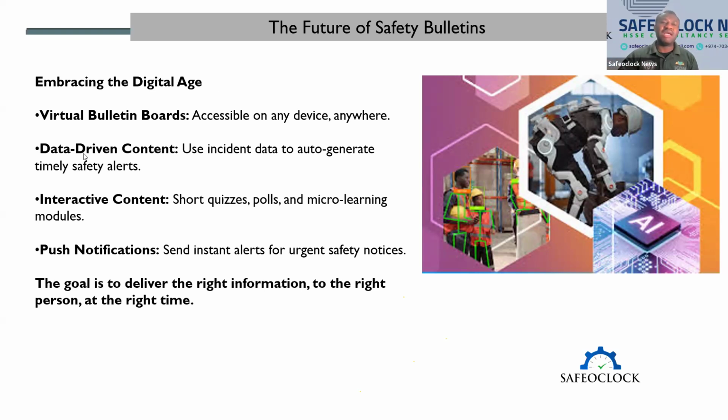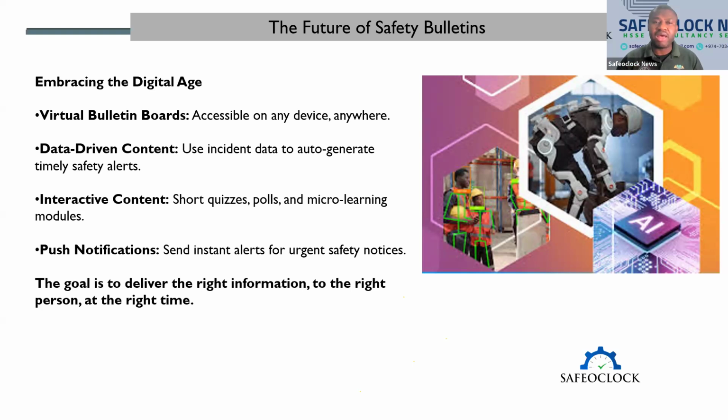So it can become data-driven content generated through maybe AI or through the data already stored in your computers, maybe the health and safety incident records register. From there, you can automatically publish a safety bulletin for the month, showing your safety records and safety statistics.